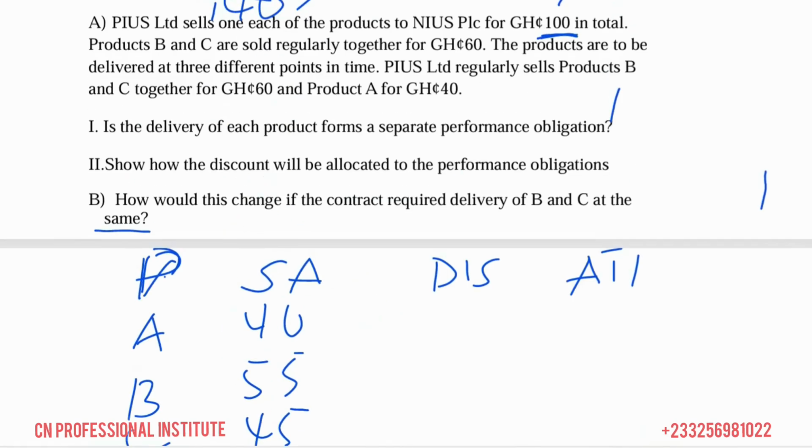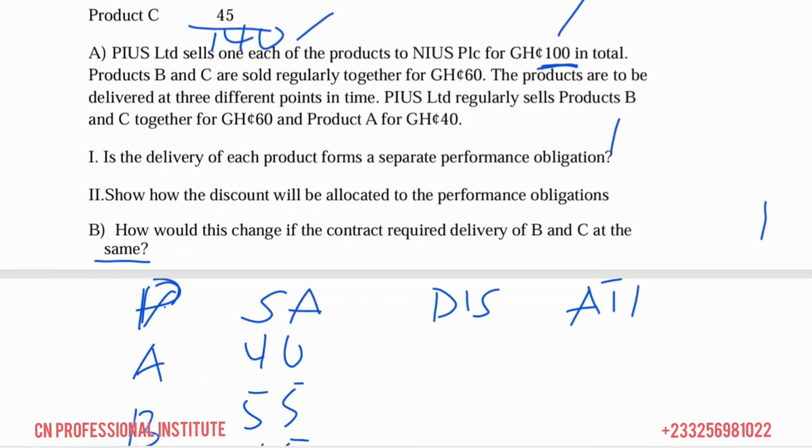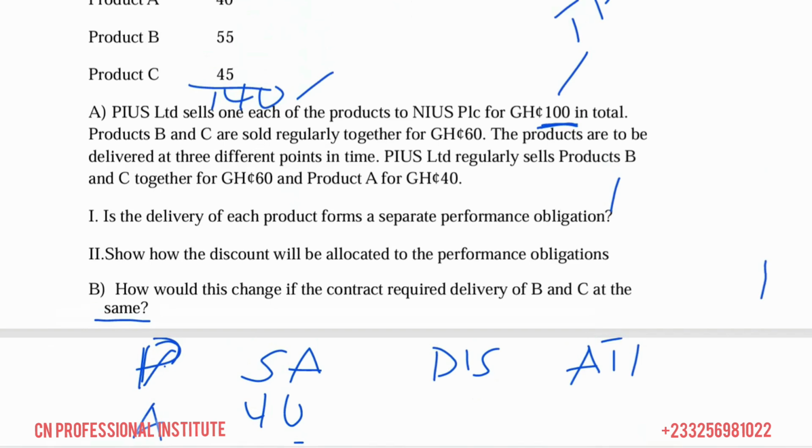But there's one key to note here. Look at it. The standalone selling price of A is 40. You have to pay attention. But we're told that product A is sold alone for 40.